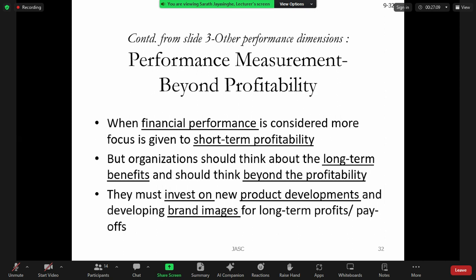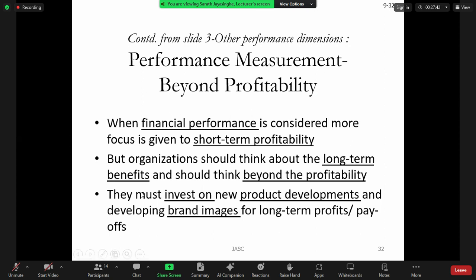Therefore, we don't think about sometimes a reasonable margin or profit. They must invest on new product development and developing brand images for long-term profit payoff. So that means to invest in new product development, research and development. There are many things coming. Therefore, we have to incur much cost. We think about that, then we can think about future. That is what we are doing. And also to develop the brand image, you have to spend more money, right?